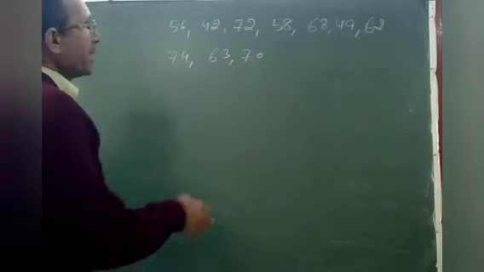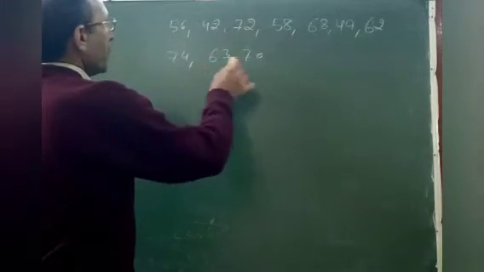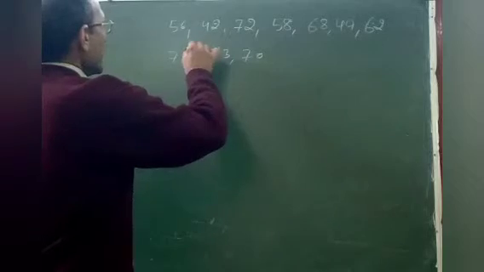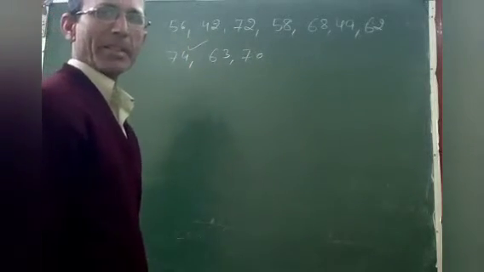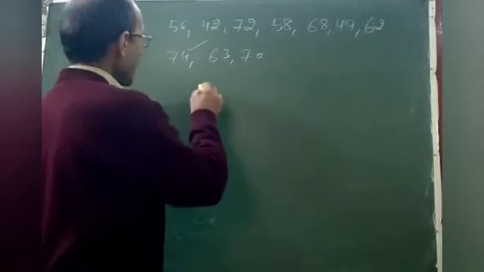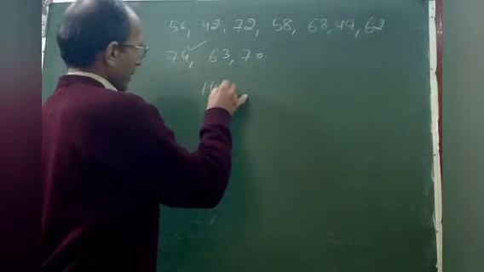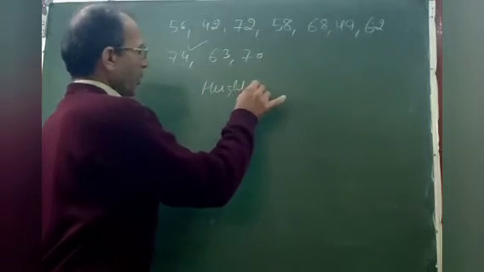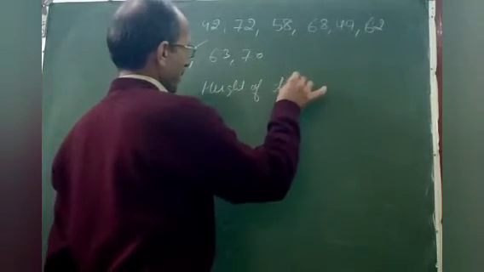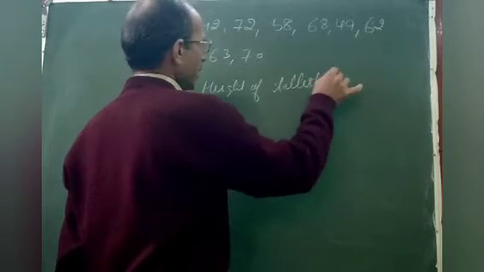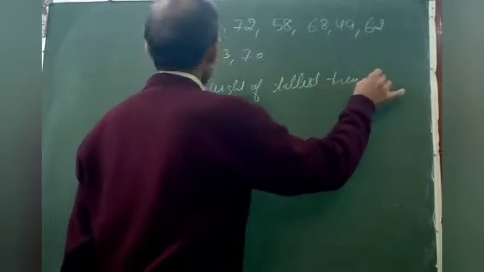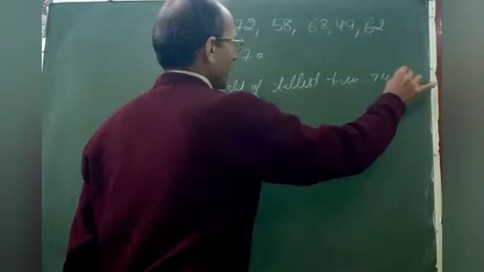Height of the tallest tree is 72, 74. So this is the highest. It means 74 is the height of the tallest tree. Tallest tree is 74 meter.